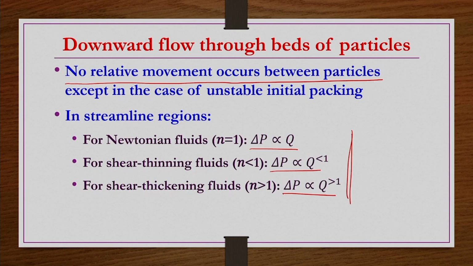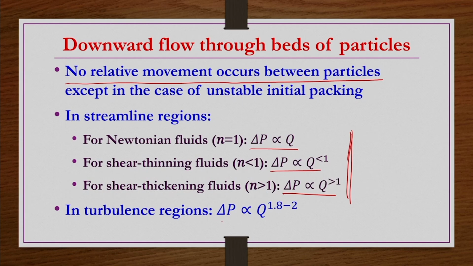Directly, those equations are not in terms of volumetric flow rate, but in terms of superficial velocity. Both of them are similar because superficial velocity multiplied by the cross section area of the bed through which the fluid is flowing gives the volumetric flow rate. So, from those equations this is what you understand.